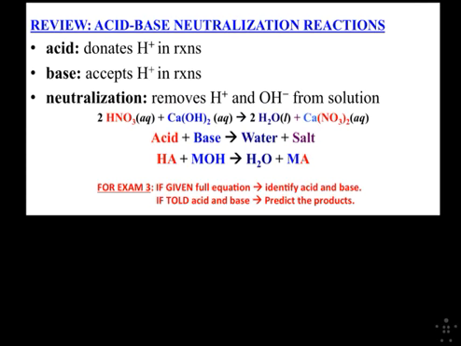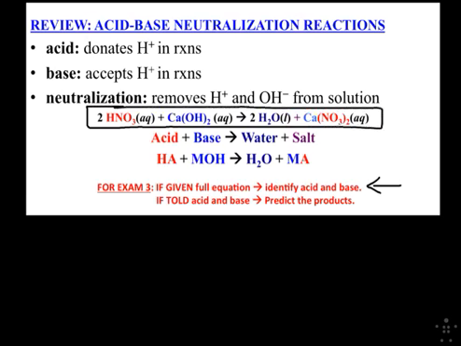And for exam 3, all you need to be able to do with this is that if you're given the full equation, you need to be able to identify what's the acid and what's the base. So if I were to give you just this part of the problem, I would say, what's the acid and what's the base in this reaction?